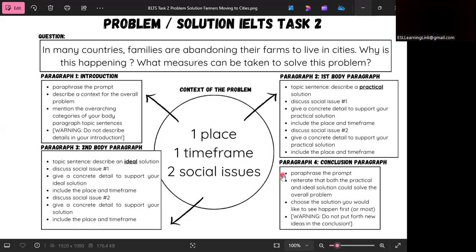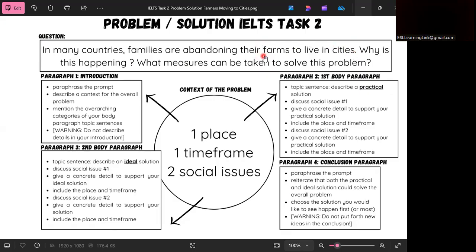You will, like I said, paraphrase the prompt again. We're going to say it another way. So farmers, you can change the way that you state it. Farmers or generational farmers are increasing their life opportunities for themselves and their children by moving to the cities and pursuing other careers.